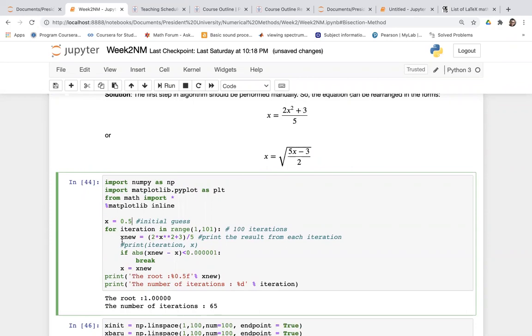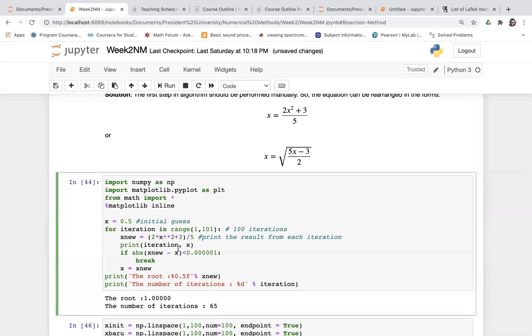This is x new, this is x initial, and then I want to see the iteration, and this is the desired accuracy, or the difference between the new one and the old one.